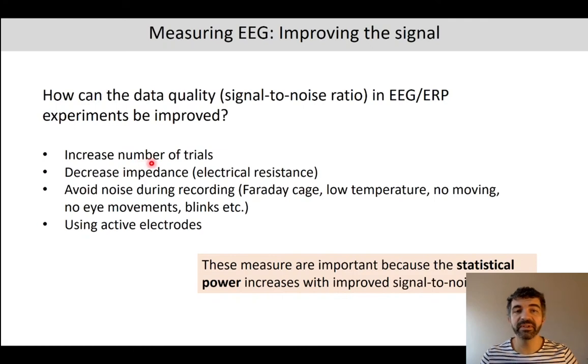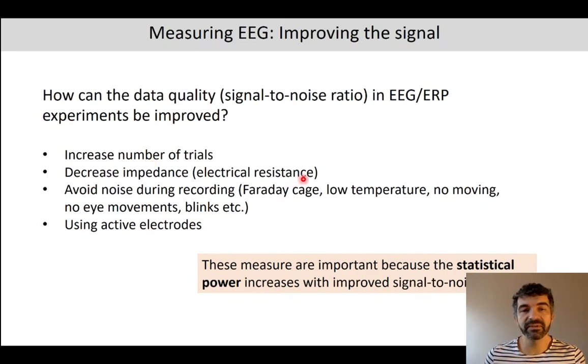Increasing the number of trials is always an option, but of course you have to think of the participant as well. You don't want them to feel too uncomfortable. There are also effects of fatigue and not paying attention to the task as much anymore. EEG experiments can last up to 3 or 4 hours with breaks, of course, but still that is very demanding of the participant, and increasing the number of trials is not always feasible.